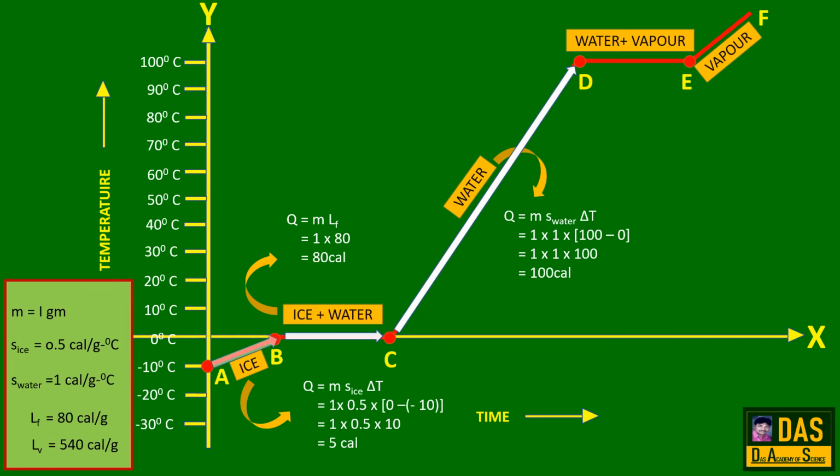By substituting m, S water and delta T values in the formula, we get 1 into 1 into 100, that is 100 calories. That is, the amount of heat energy required to convert 1 gram of water at 0 degrees Celsius to 1 gram of water at 100 degrees Celsius is 100 calories.